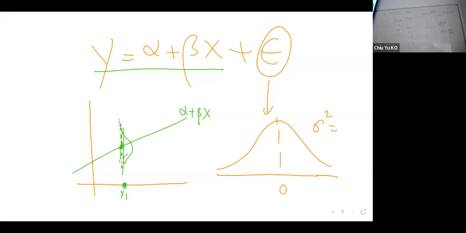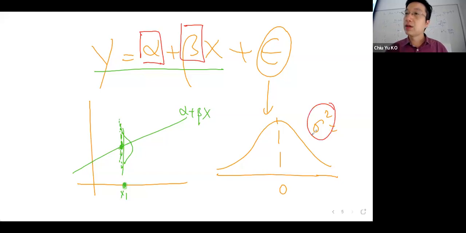So what is maximum likelihood? Look at this model. You have 3 parameters here. The first parameter is this guy, alpha. You have beta, you have sigma square.